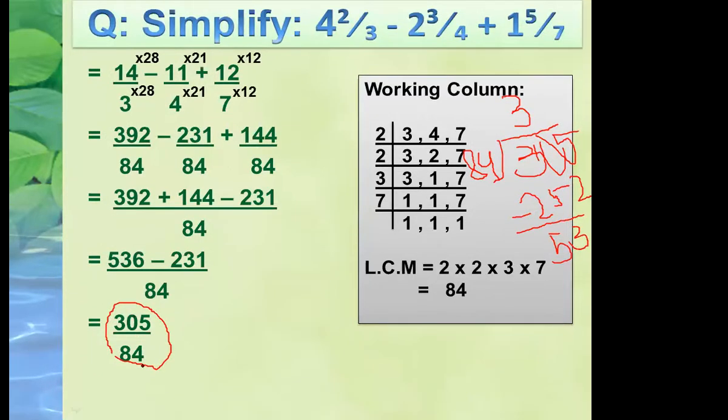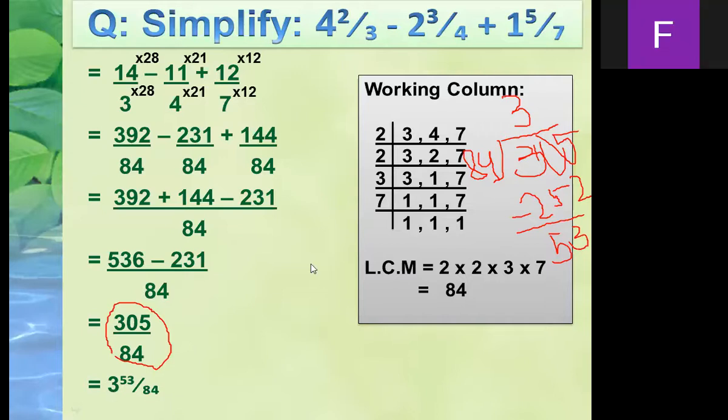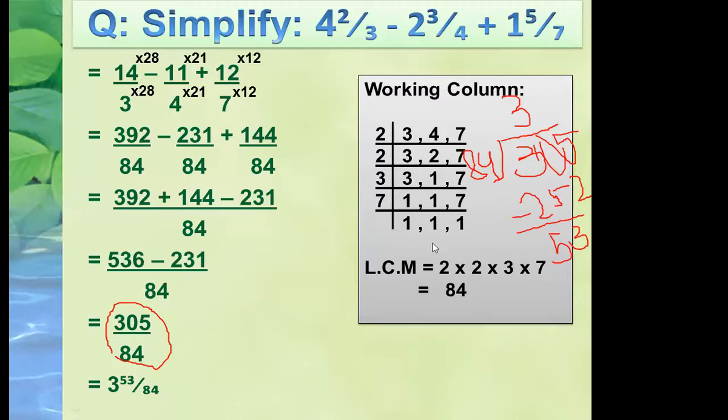Okay, so 305 upon 84, when we convert it into the mixed fraction, it will become 3 whole 53 upon 84. Okay, 3 whole 53 upon 84 is the right answer.